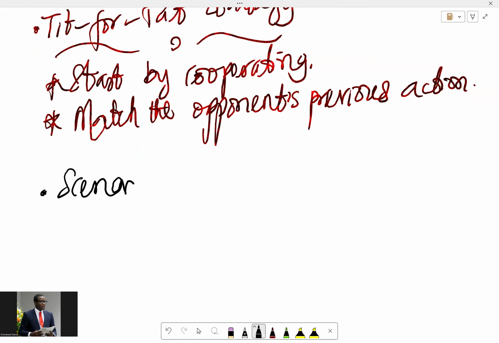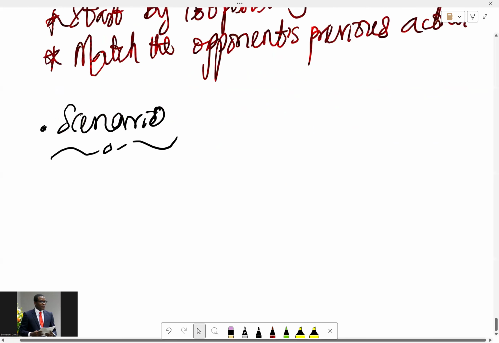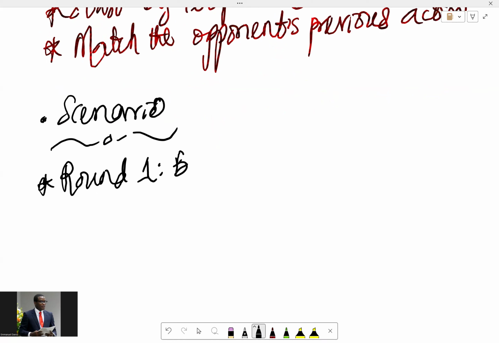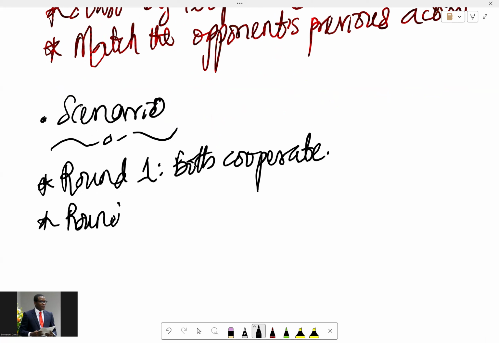So let's look at the scenario. Imagine the scenario. So now in round one, both cooperate. In round two, country A defects.